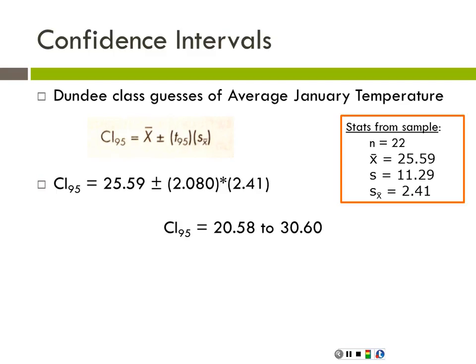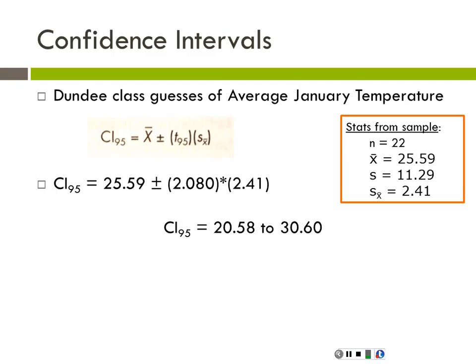So based on my sample's average guess of 25.59 and the variability I know is around that mean, and the standard amount of error associated with my statistic and the t-value I would need based on my sample size and a predetermined alpha level, based on all of that stuff, we kind of back calculate this and say that I am 95% sure that the population guess for Omaha temperatures in January is somewhere between 20.58 and 30.60.